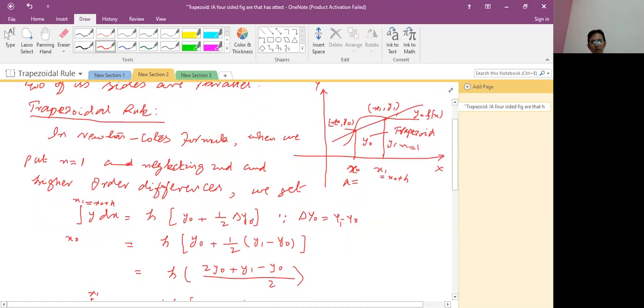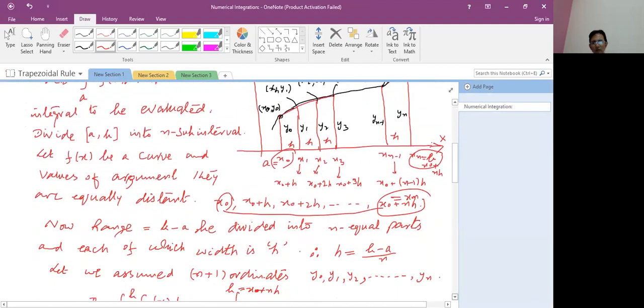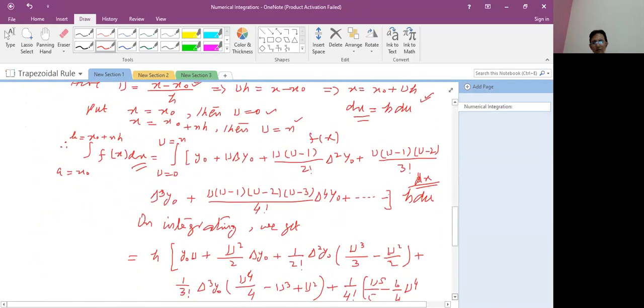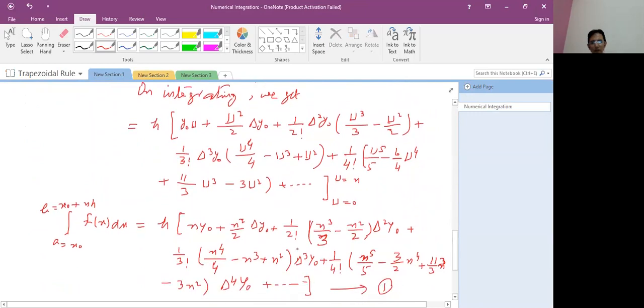So we will consider y naught plus, and again I repeat, n equal to 1. So, student, when we put n equal to 1 in this equation, we keep the starting two terms, and the second, third, fourth and all higher order differences will be neglected.